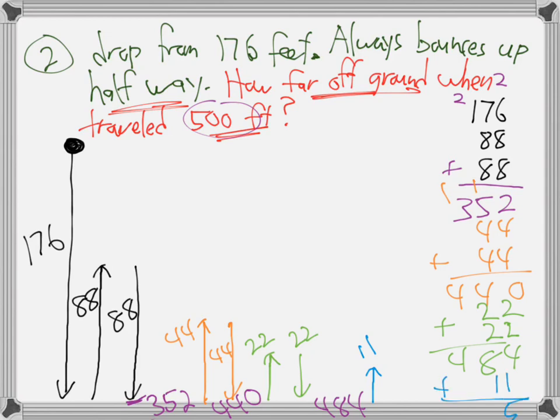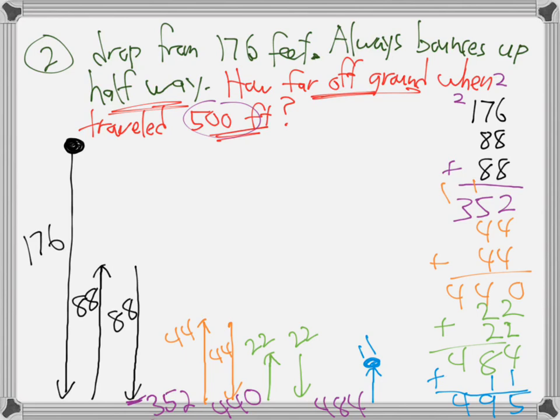What is it? 495? Let me try to do that a little neater there. So add 11 there. And I get 495. So at the top of its 11-foot arc, it's traveled 495 feet.